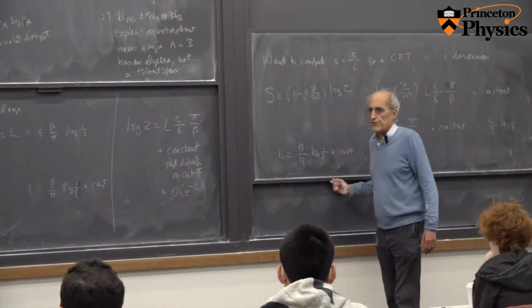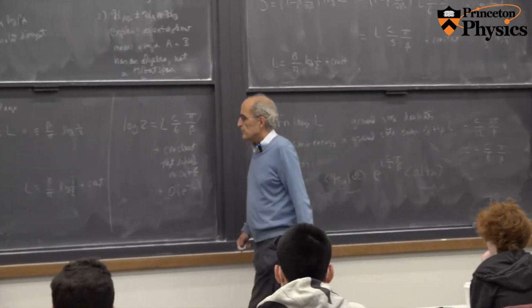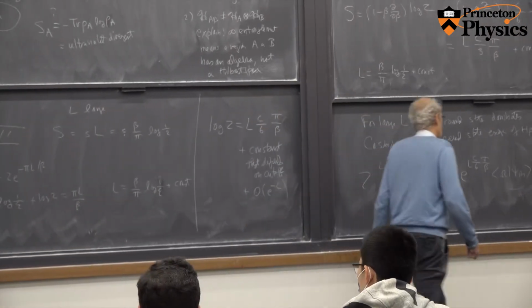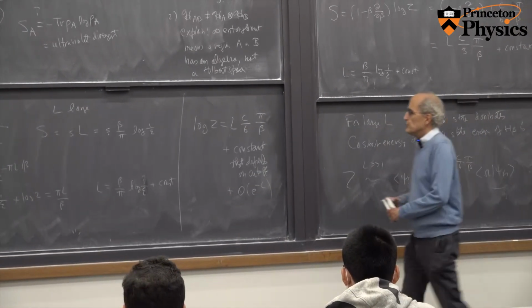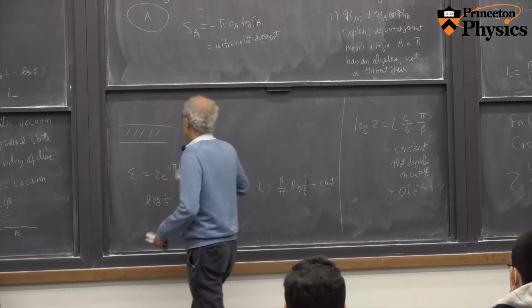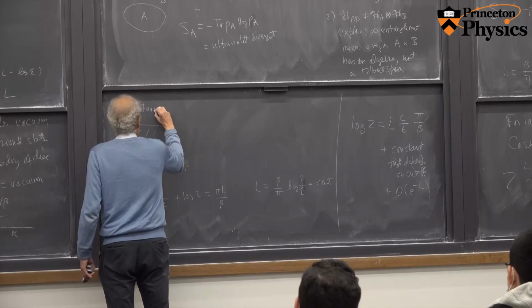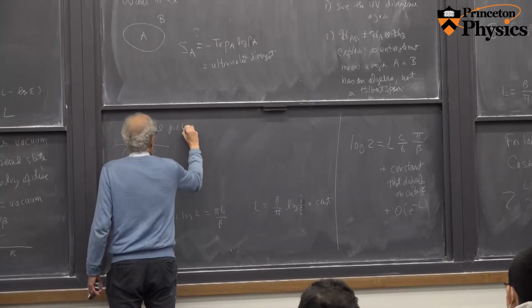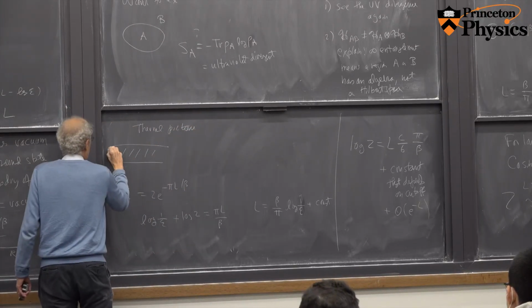There's really only one more thing I want to say about this. I want to give a little bit of intuition about it. So, in the thermal picture, let's go back to the thermofield double state.